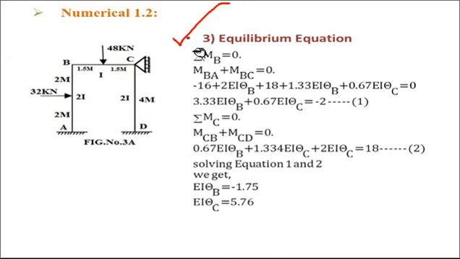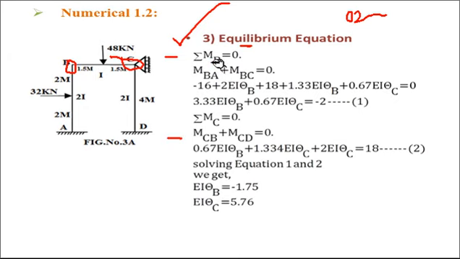After developing the slope deflection equations, you have to consider equilibrium equations. Now how many equilibrium equations are required? That is also a question. Here there are 2 degrees of freedom in the problem, theta B and theta C. So to solve for theta B and theta C, at least you need 2 equations.